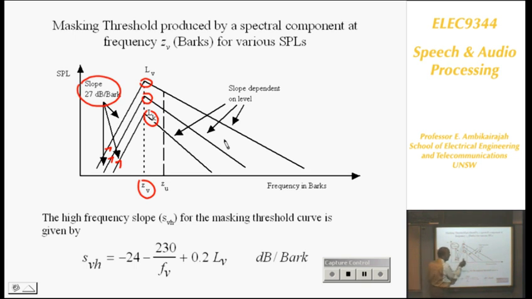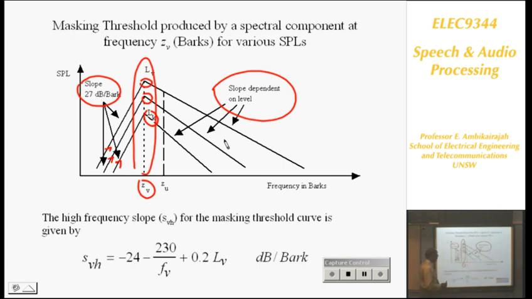So these are Bark scale, equally distributed scale, equally spaced Bark. And Terhardt found these slopes, he approximated them, they get shallower like that as the level increases. So he set an equation, a straight line equation for that in terms of the level.